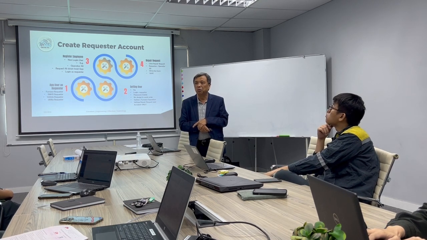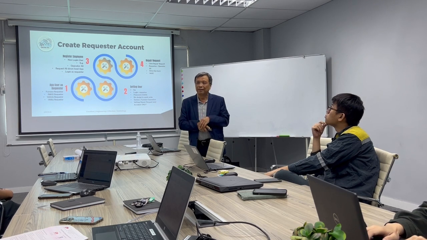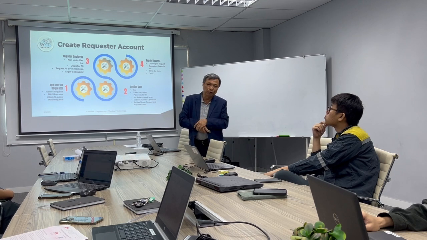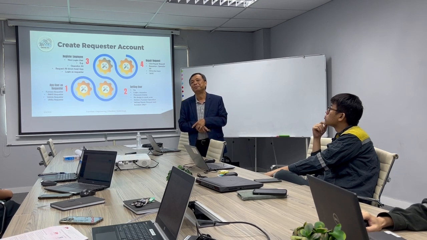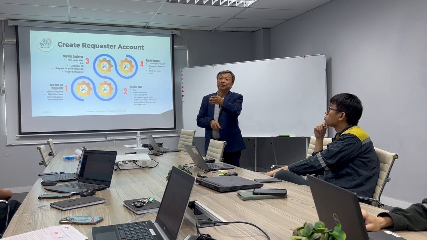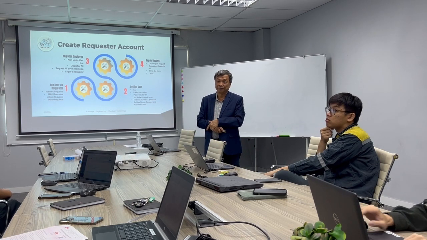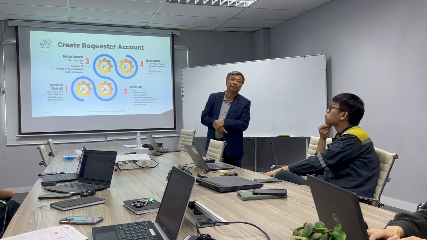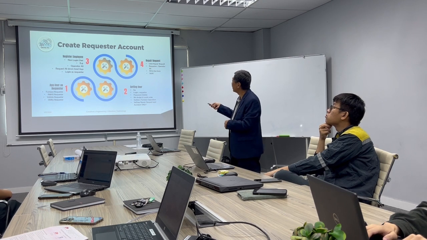Who will give the instruction to you? Production. So most of the time it's production that gives you the initiation. For production, that is called a request. So we have to create a system in which we can make a request.